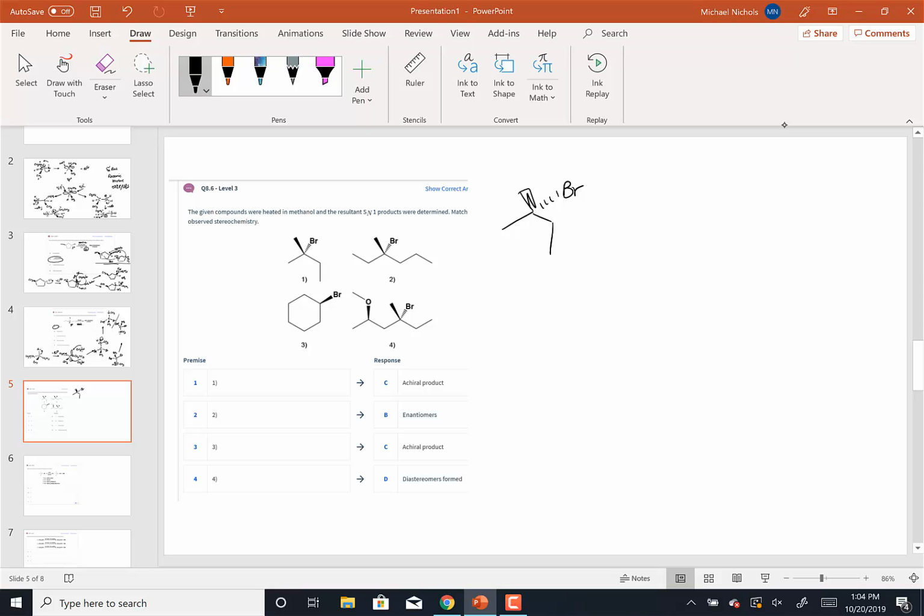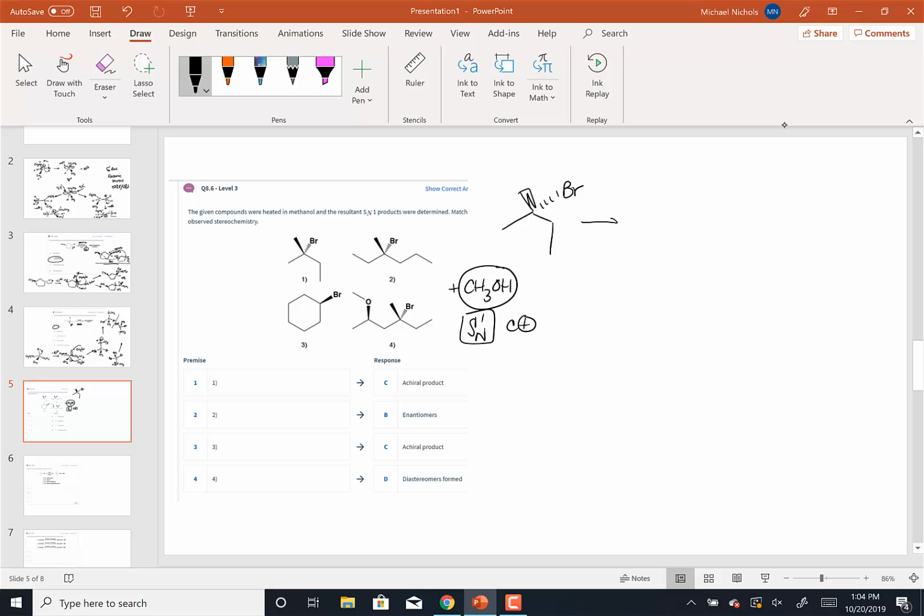In each case, we're going to react each one of these molecules with methyl alcohol. Since this is a weak nucleophile, the mechanism is automatically going to be SN1, which means that we're going to go through a carbocation intermediate, and the methanol will add 50-50 to each of the two lobes of the carbocation.